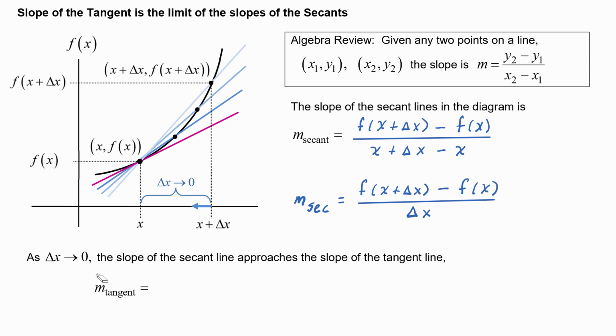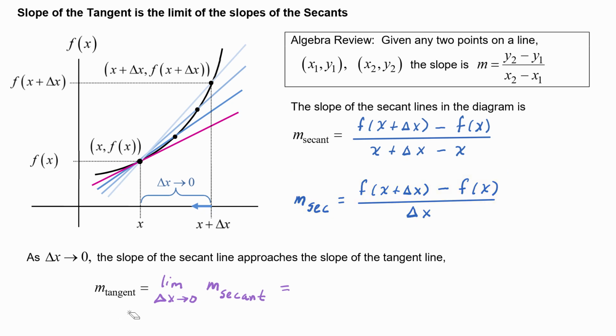So we can say that the slope of the tangent is equal to the limit as delta x goes to 0 of the slope of the secant line. And remember that the slope of that secant line is given by this difference quotient here.